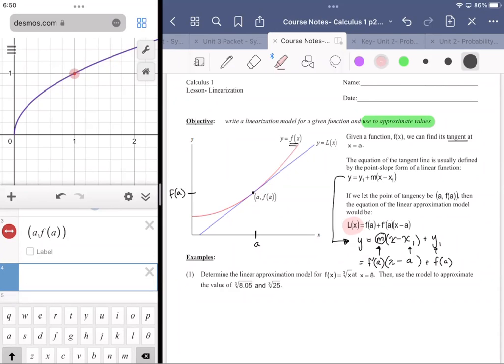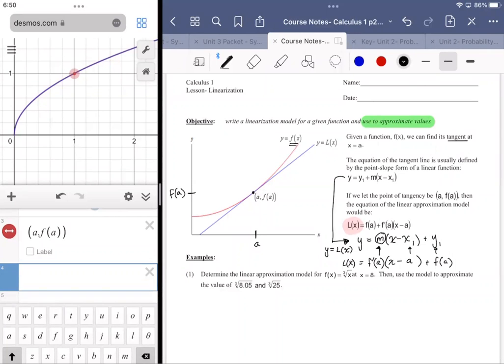So if we're talking about position functions, we could say y equals, but it's better to say s of t. For the same reason, we would call this L of x. So it's really y, but y equals L of x, making this L of x. So that's where the notation comes from.